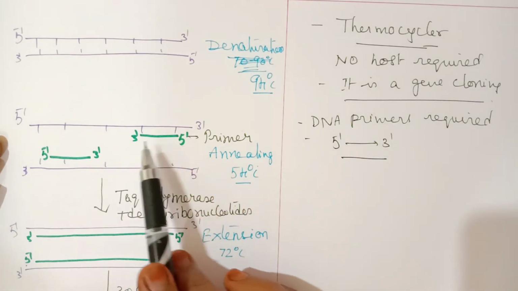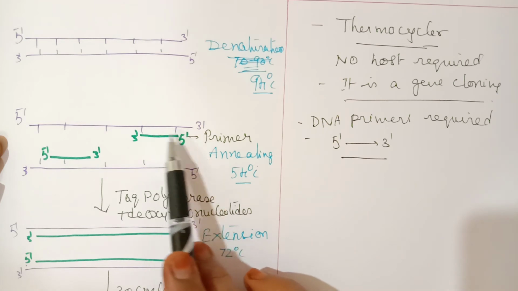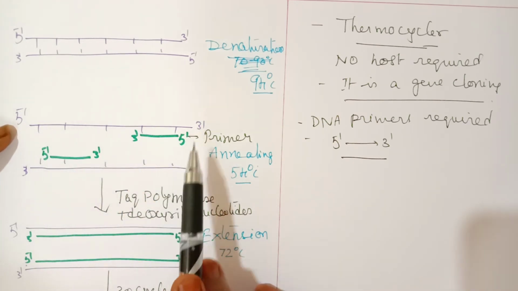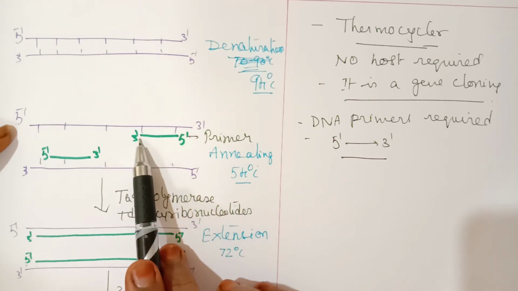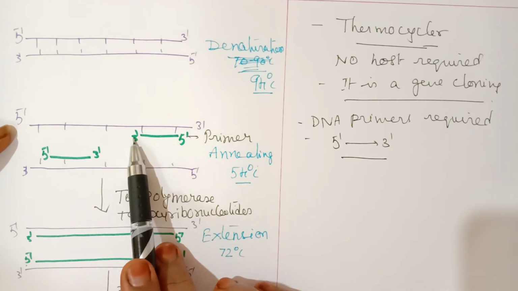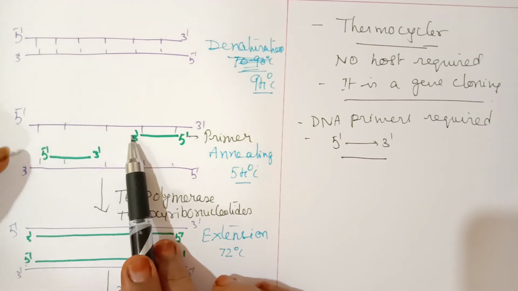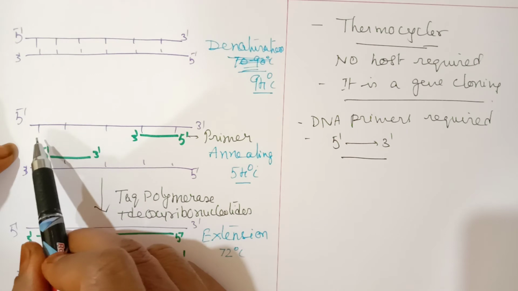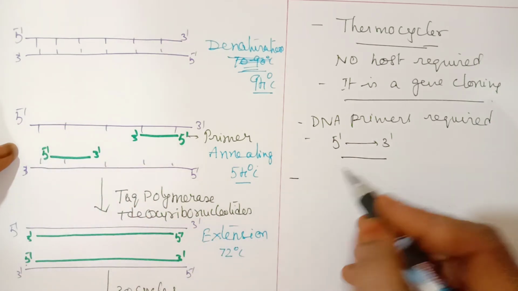So if they are in 5 prime to 3 prime, they start adding from 3 prime to 5 prime of the strand. So from this end the primer is added, and up to 5 prime to 3 prime. Then from this 3 prime end of the primer, the nucleotides will be added. So what is important here?